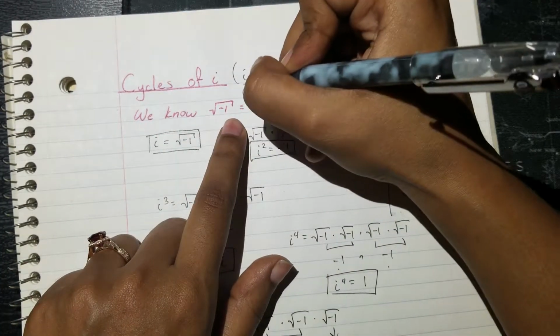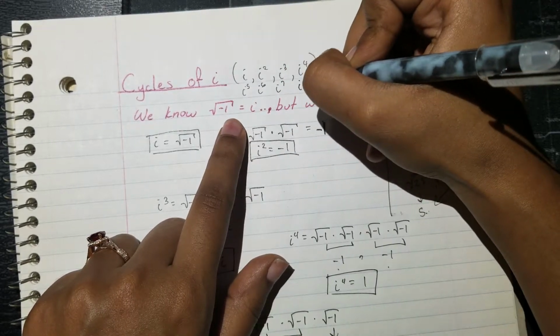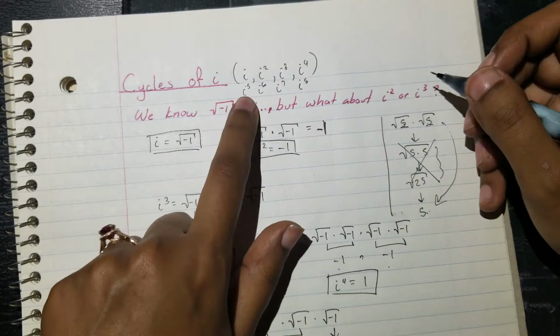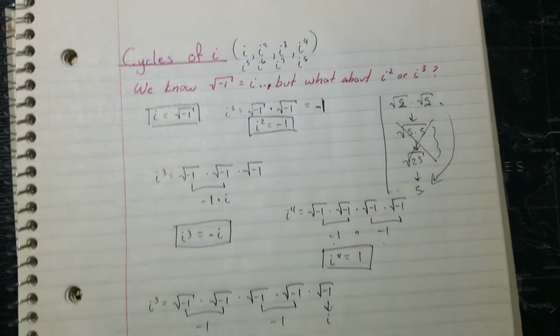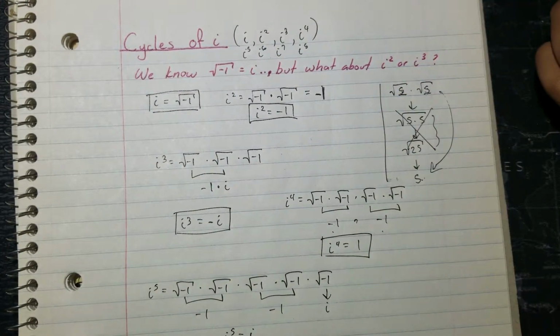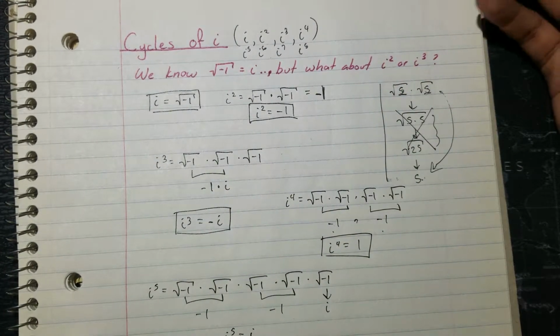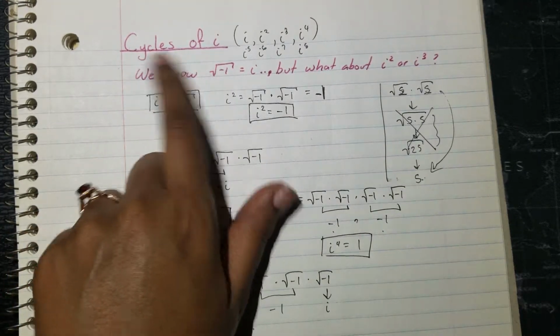That means i to the 5th, 6th, 7th, 8th will be the same. Then this is i to the 9th, 10th, 11th, 12th, etc. There are actual other patterns to figure out, like, for example, if you were given i to the 37th, what would that be? We'll cover that in a different video. But this is the basics of what the cycles of i represent.